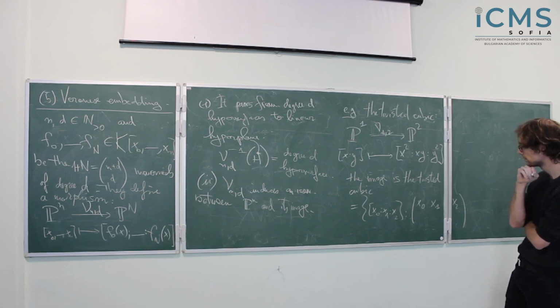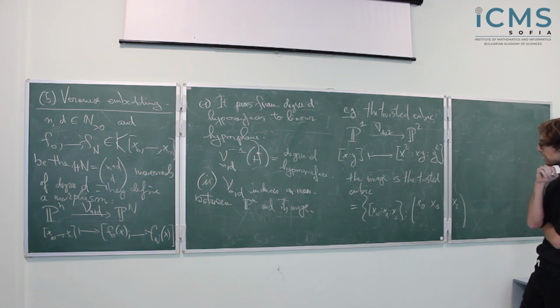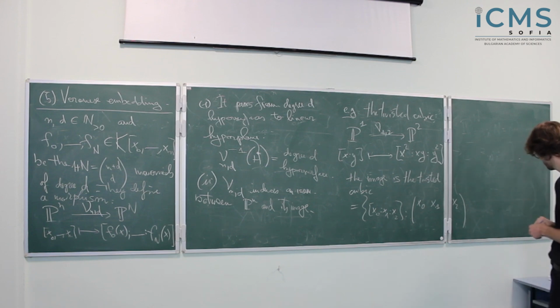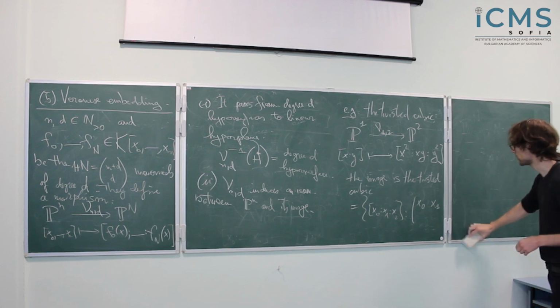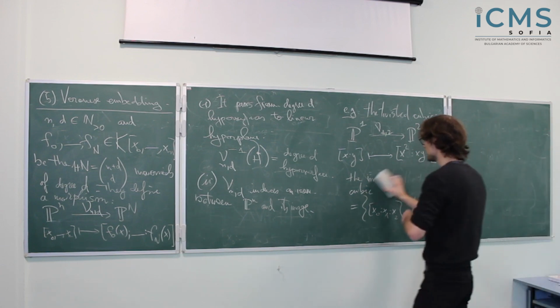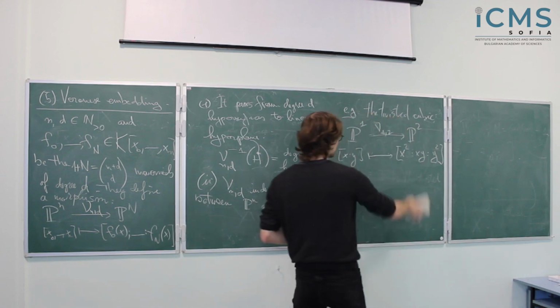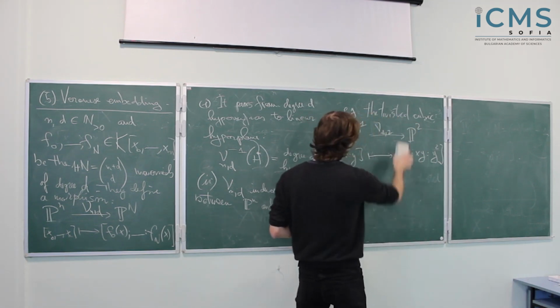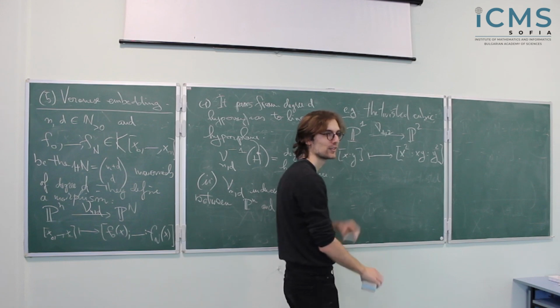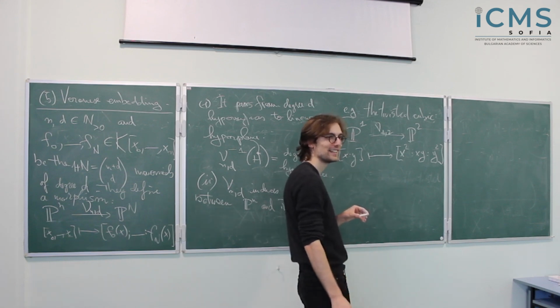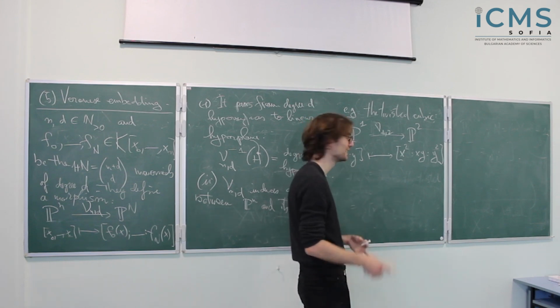You want to find the equations of the image? Yeah. Well, x squared times y squared is equal to x. Oh, no. Yeah, you're right. This is not the twisted cubic, I'm sorry. I should have considered the cube here. The image is actually the conic.